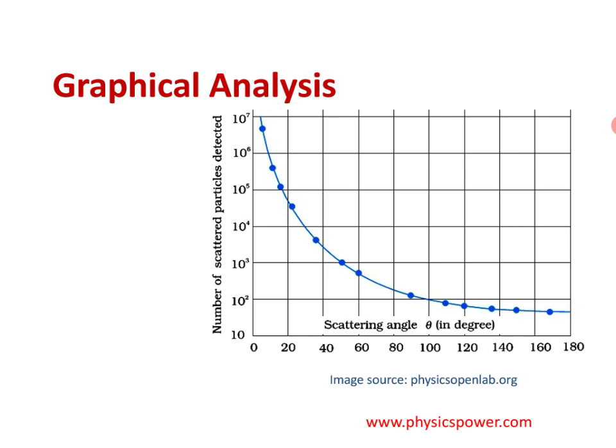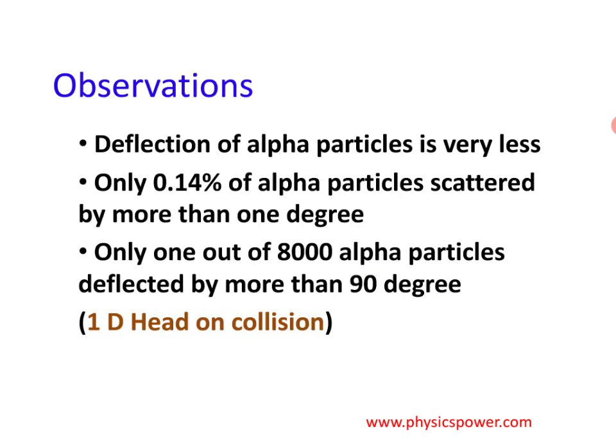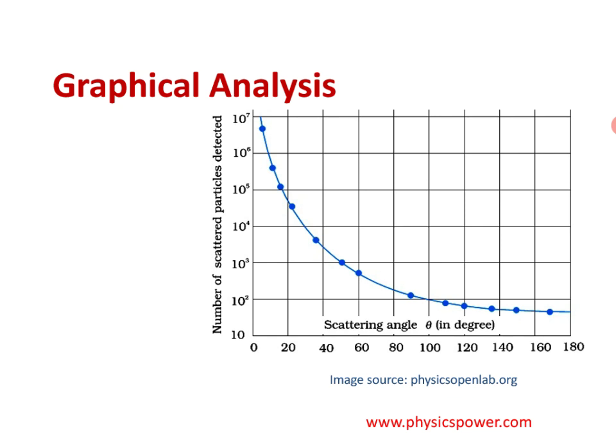So what he observed as an analysis is that the deflection of alpha particles is very small, and only 0.14% of alpha particles scattered by more than 1 degree. So here you can observe that if more than 10 to the power of 7 alpha particles are incident on the gold foil, almost all of them have a very small scattering angle.